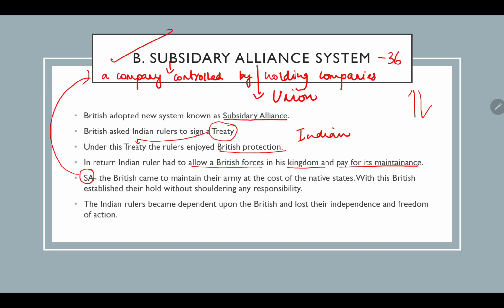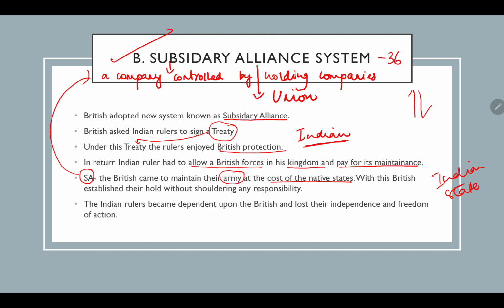With the help of this subsidiary alliance, the British came to maintain their army at the cost of native states. Native states means Indian states. The British were very sharp and smart, because maintaining their army required a huge amount of money, but that money had to be paid by the Indian kingdom, because the British gave protection to the Indian kingdom.